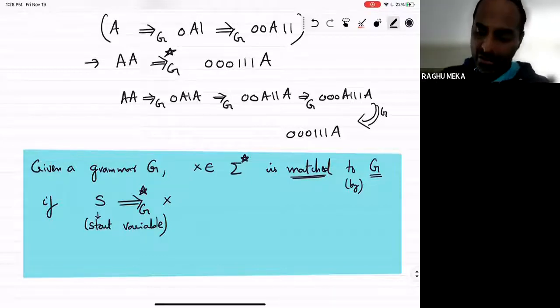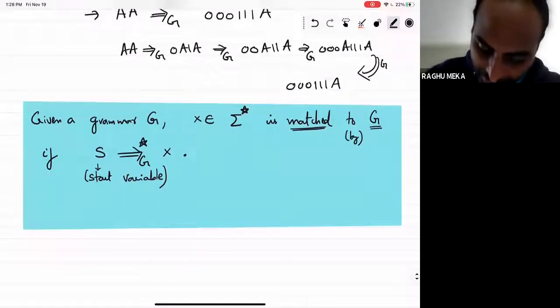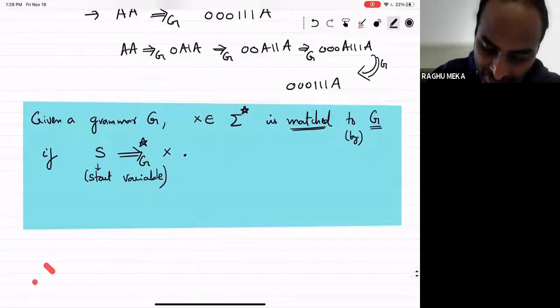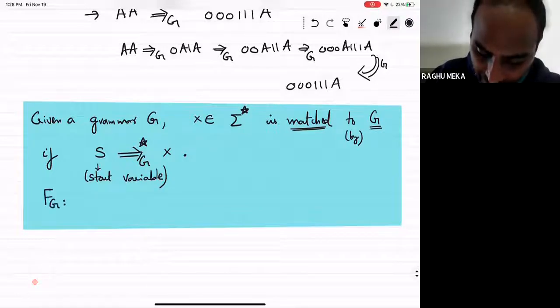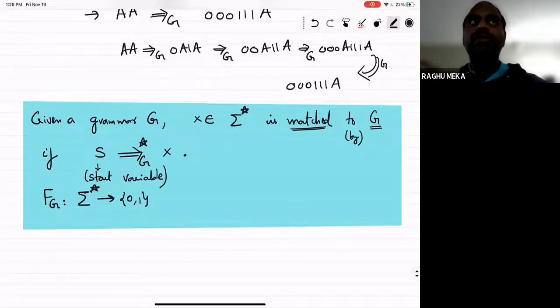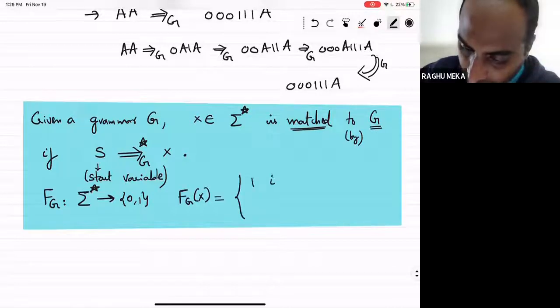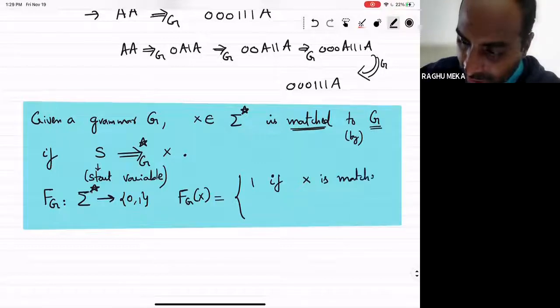In terms of terminology, given a grammar G, we define a function, just like we define a function for regular expressions, where f_G of x equals 1 if x is matched by G and 0 otherwise.